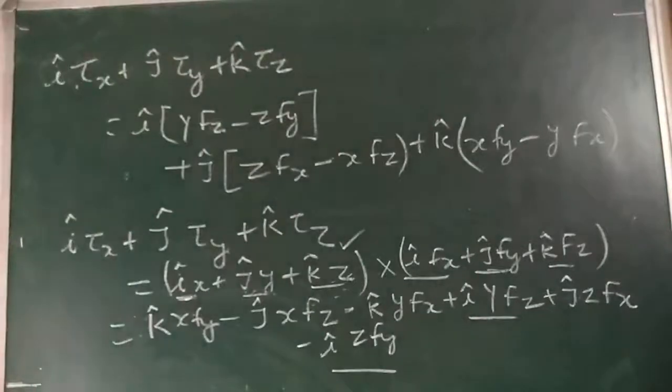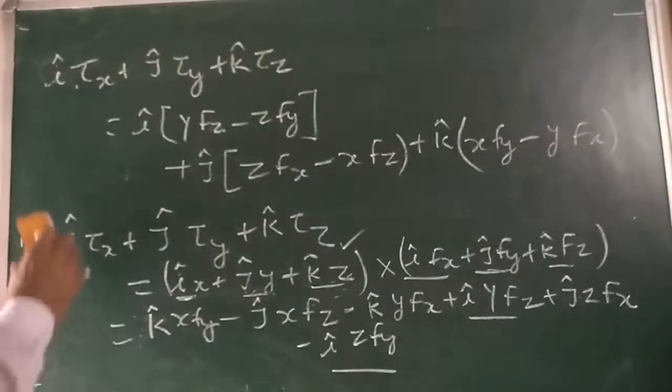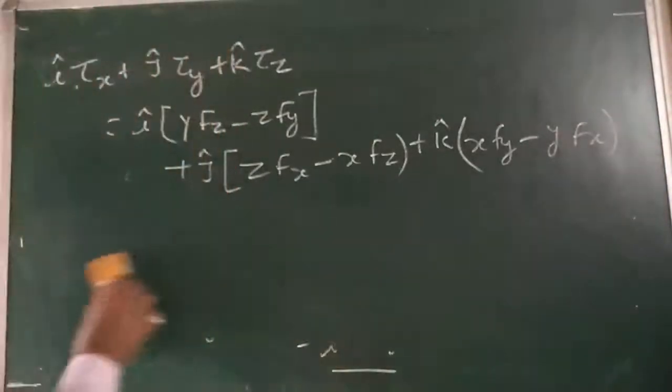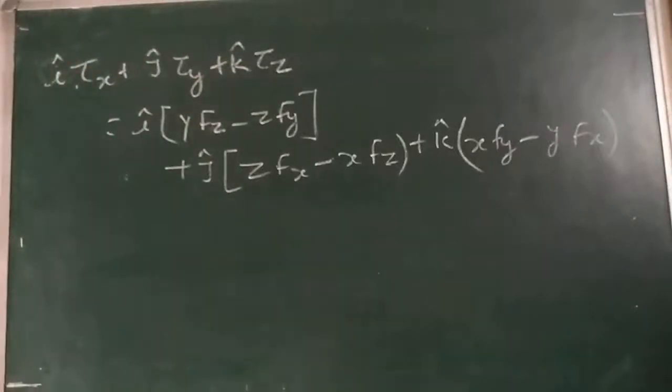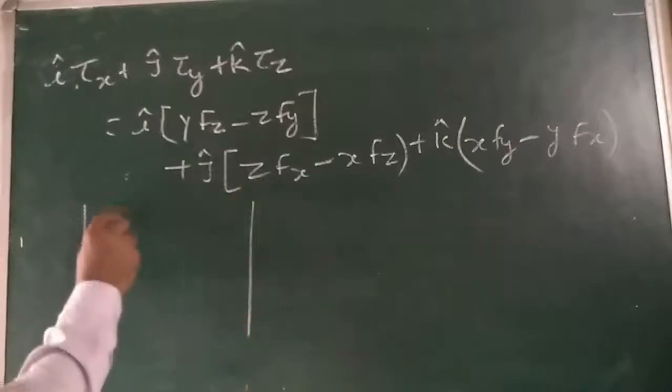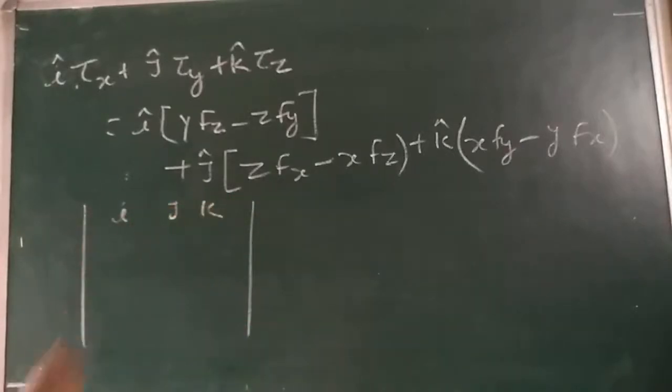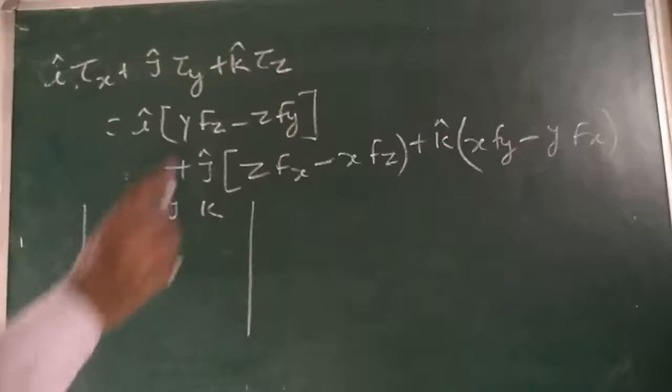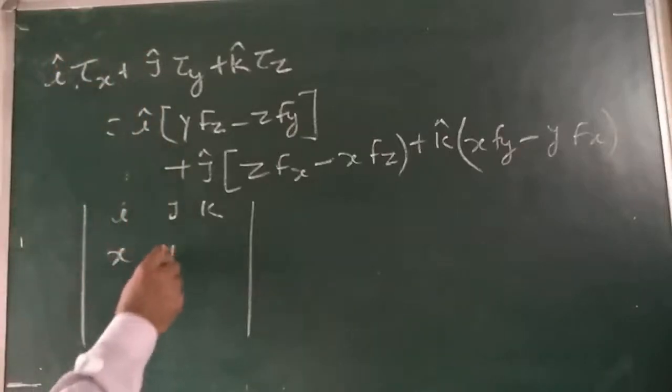So this is a very simple technique: the determinant technique. Again I am repeating: i, j, k; x, y and z.